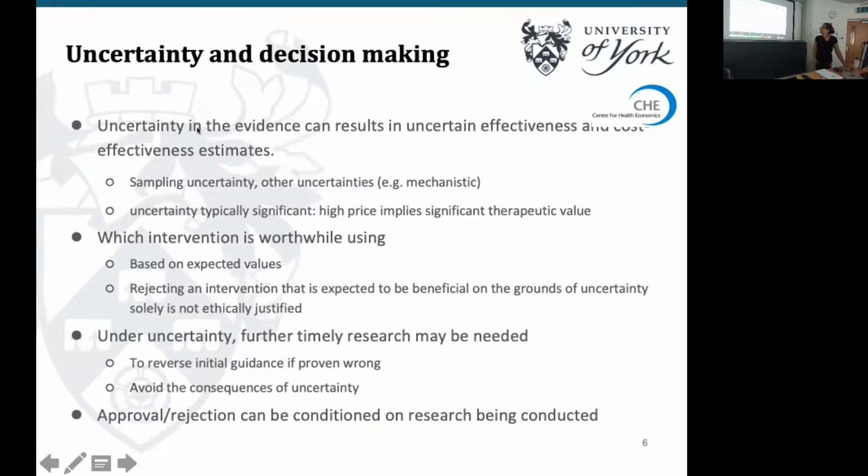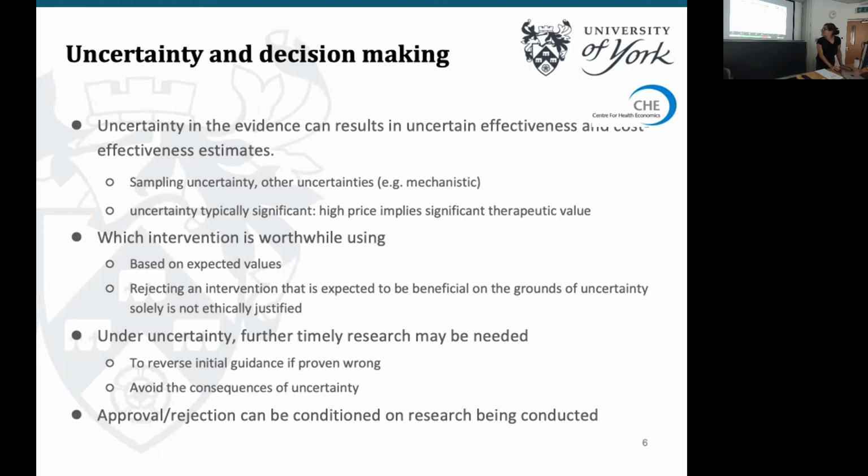So just a bit of background on uncertainty. Uncertainty in the evidence, as always, can result in uncertain outputs, which in this case means uncertain effectiveness and cost effectiveness estimates. So we're here not just judging statistical significance, we're actually trying to establish and quantify the treatment effect.